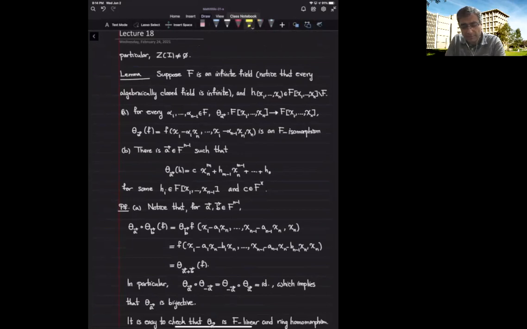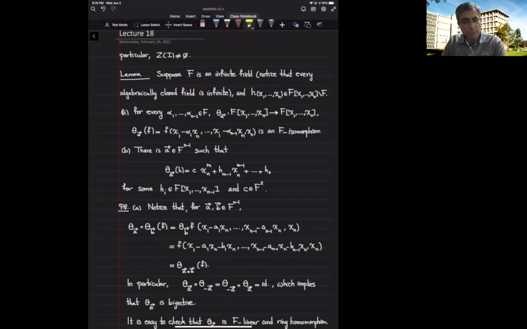We know that every finite field, if it has p to the n elements, then the polynomial x to the power p to the power m minus x, where m is more than n, does not split into linear factors. A finite field is not algebraically closed. So every algebraically closed field is an infinite field. Now, in this lemma, we can in fact relax and write this lemma only for infinite fields. So suppose that F is an infinite field.